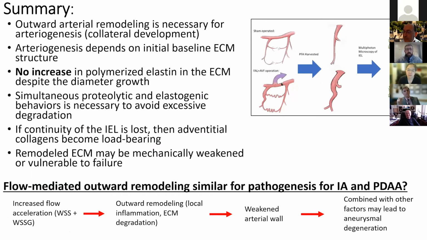So just to summarize, outward remodeling is necessary for arteriogenesis and collateral development. This arteriogenesis depends heavily on the baseline extracellular matrix structure. Again, interestingly to me, at least, there does not appear to be any increase in polymerized elastin that occurs in the extracellular matrix, despite the sometimes dramatic growth of the vessel itself through remodeling.